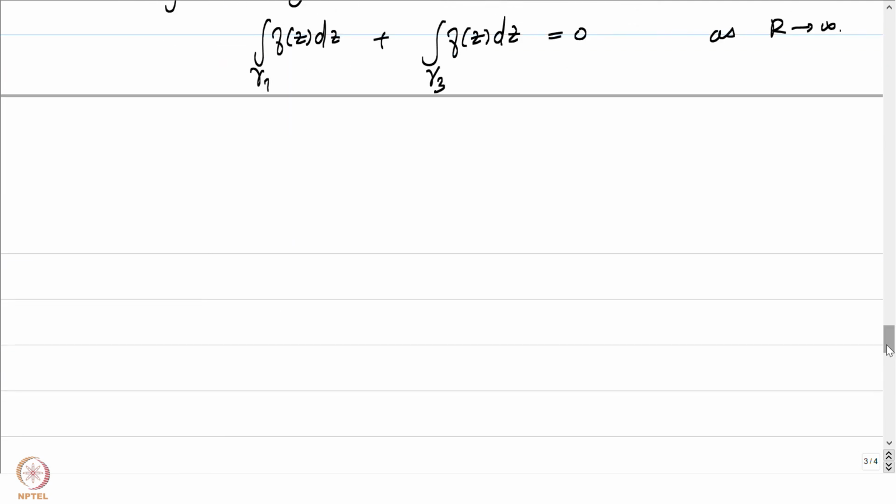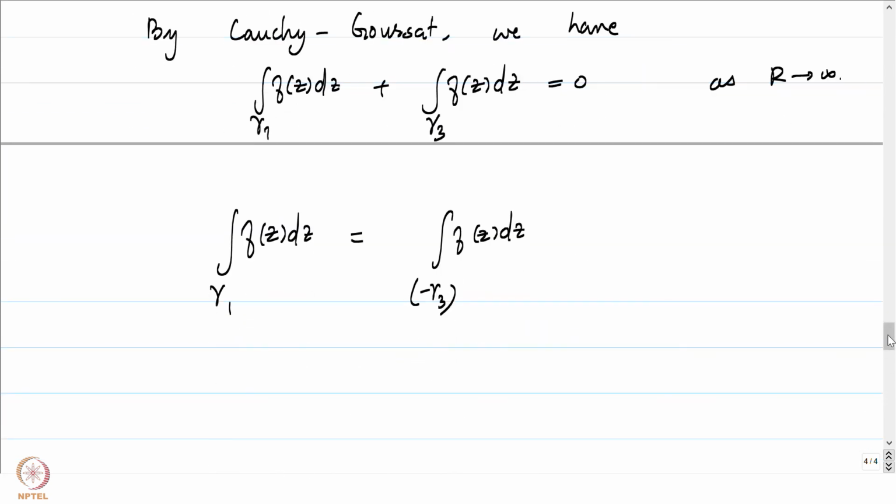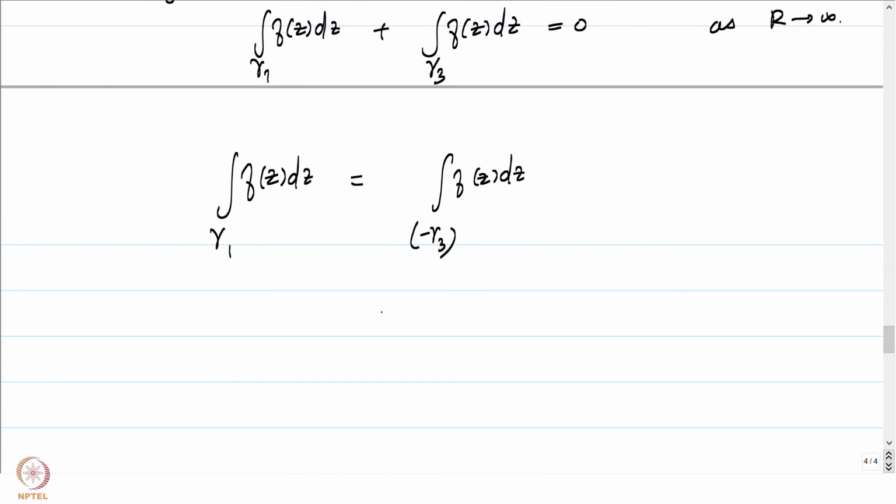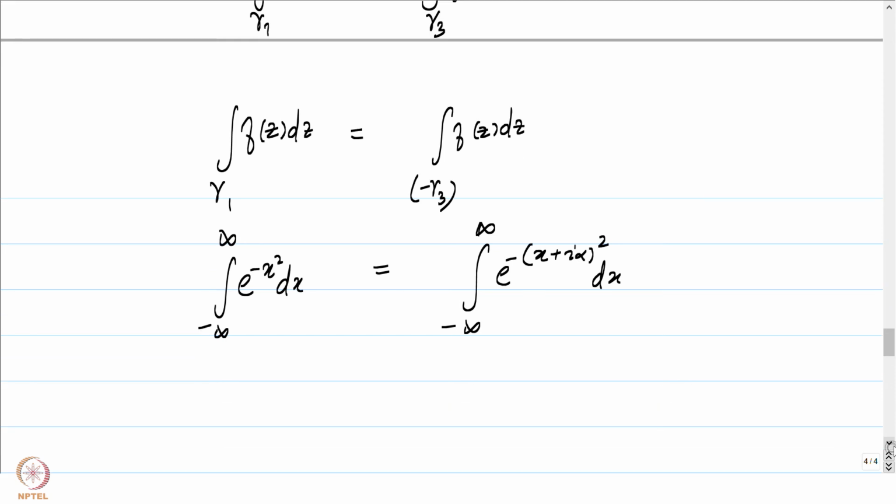And therefore, integral of f of z dz over gamma 1 is equal to minus of integral of f of z dz over gamma 3, which is the same as integral over minus gamma 3, the reversal of f of z dz, and we have explicitly computed both these quantities. The right hand side is going to be integral of e to the power minus of x plus I alpha the whole square dx from minus infinity to infinity. This is going to be integral e to the power minus of x square dx from minus infinity to infinity. And that's precisely what we had set out to do.